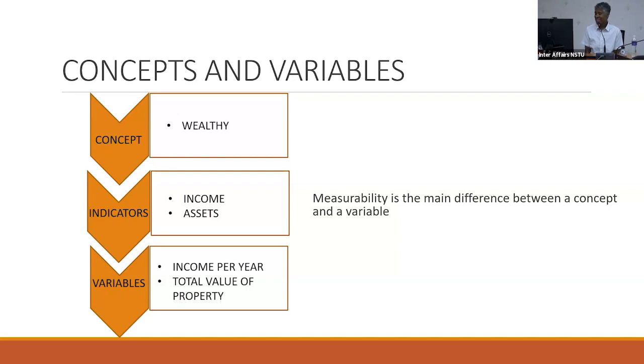We go from those indicators of income and assets to looking at two specific variables: income per year and the total value of their property. So that is the progression of a concept, indicators of that concept, and specific variables to measure that concept.